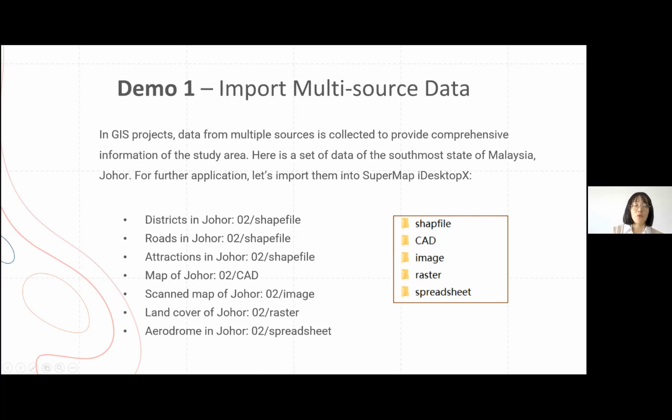And if you are interested in the land cover of the state, then we also provide you with the land cover data in raster formats. And finally, we have a spreadsheet recording all the information about airports in Johor State.